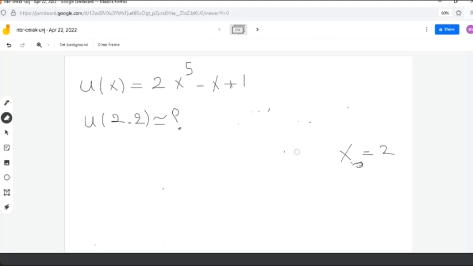In this example, put x0 equal to 2, okay? I'm erasing the page to write the computing.